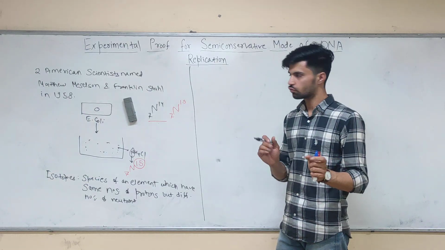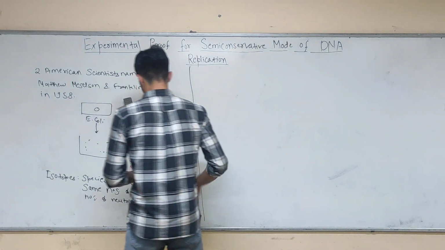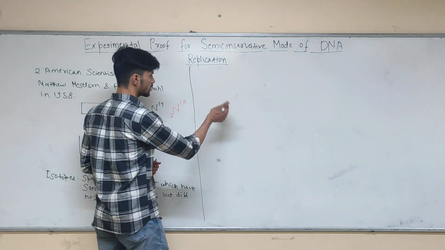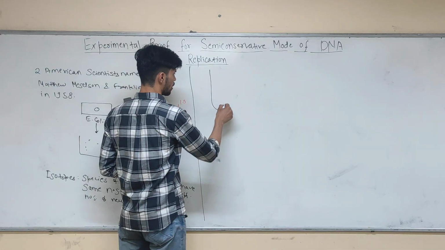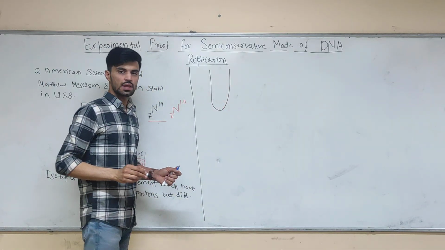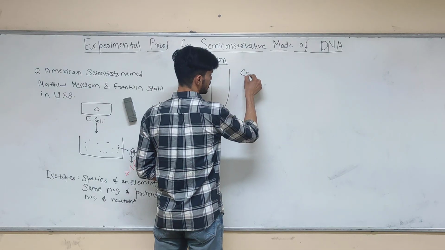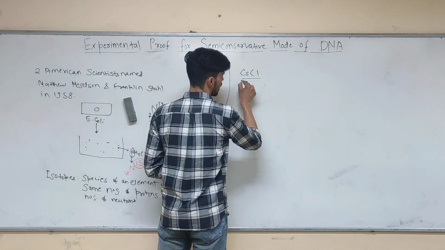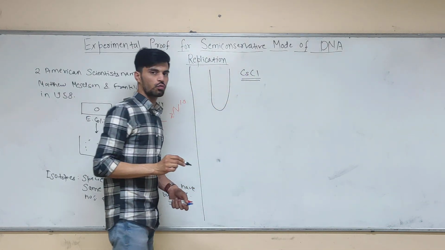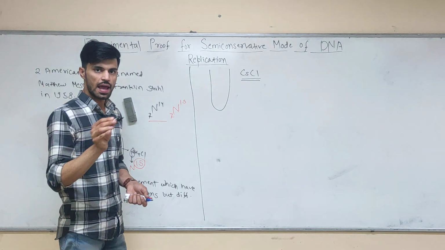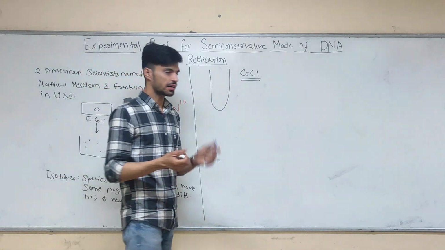What is this? We will study. What they do is take a test tube, and in this test tube they fill cesium chloride, CsCl. This cesium chloride, what will it do? It will act as a density gradient.